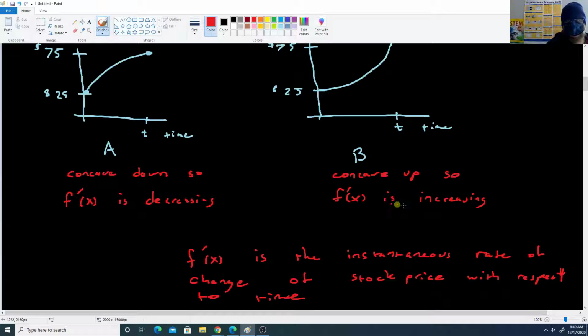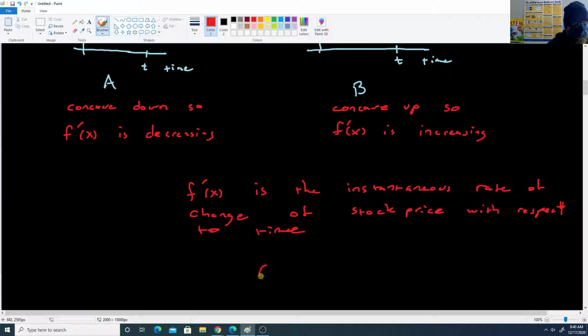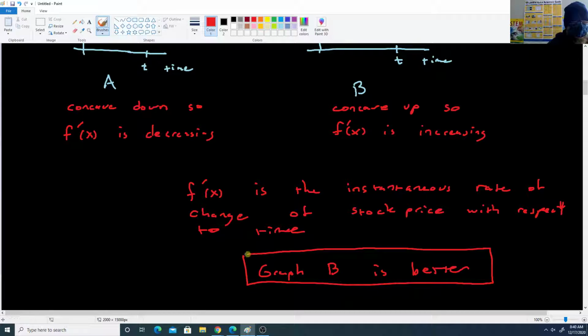We want that value to be increasing, so this says graph B will be the better choice. Or company B, I guess, is better.